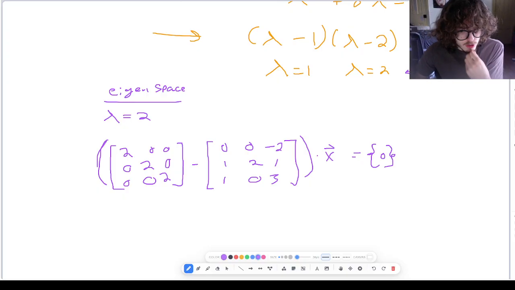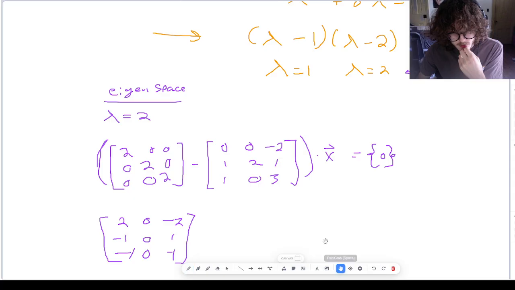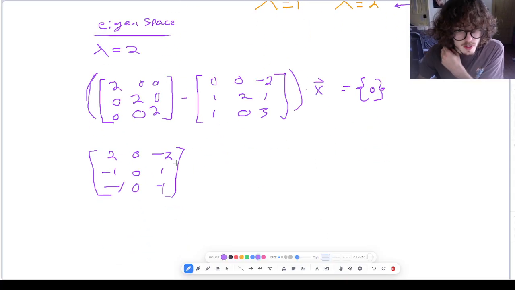Okay, so let's simplify this. Well, this says 2, 0, negative 2, negative 1, 0, 2 minus 1 is 1, negative 1, 0, 2 minus 3, negative 1. Okay, so it looks something like this.